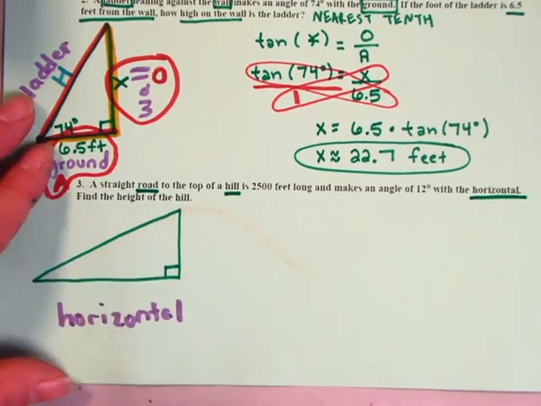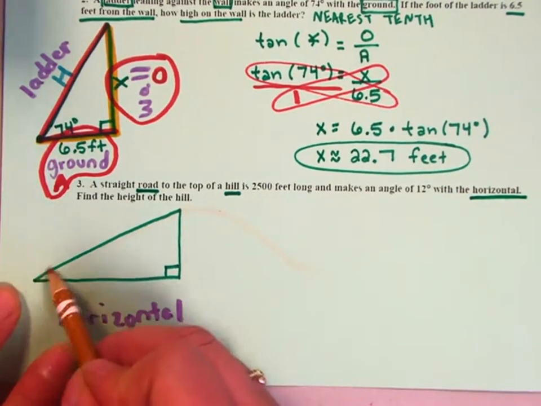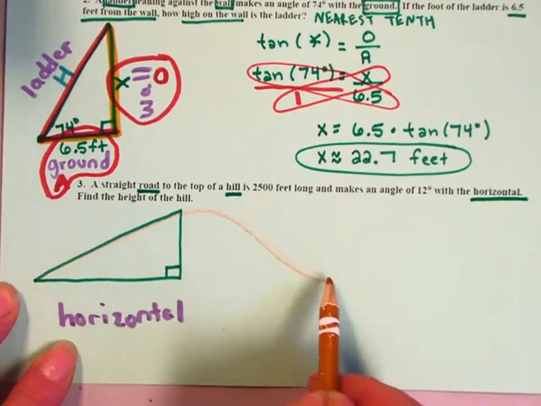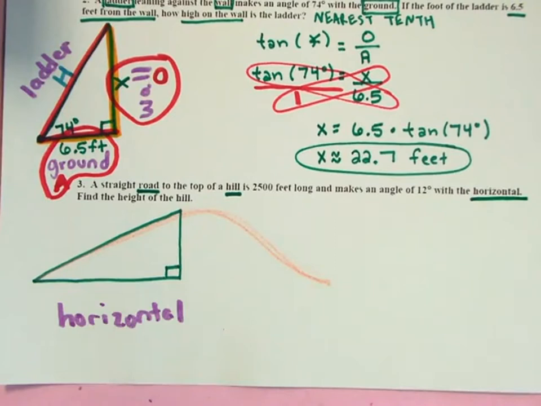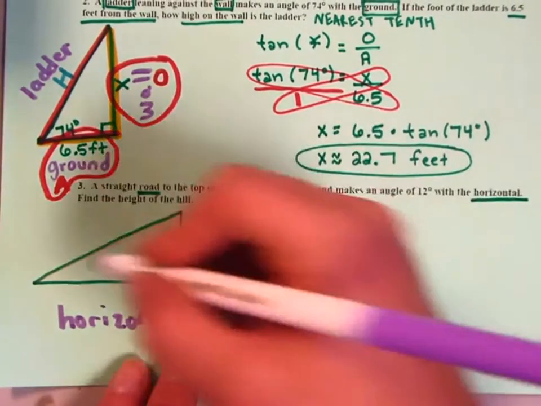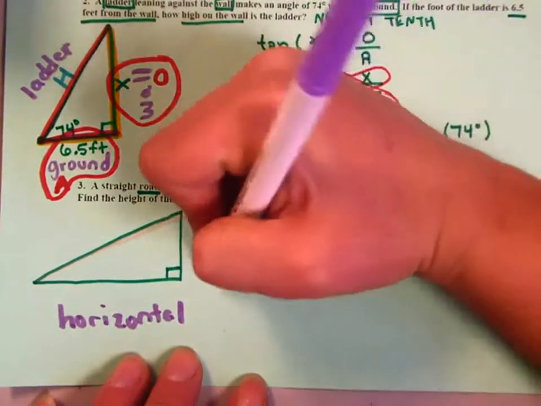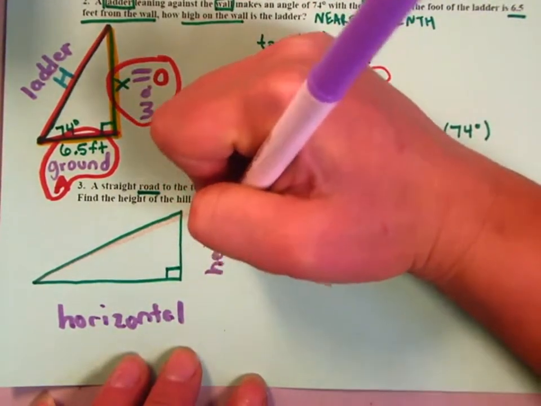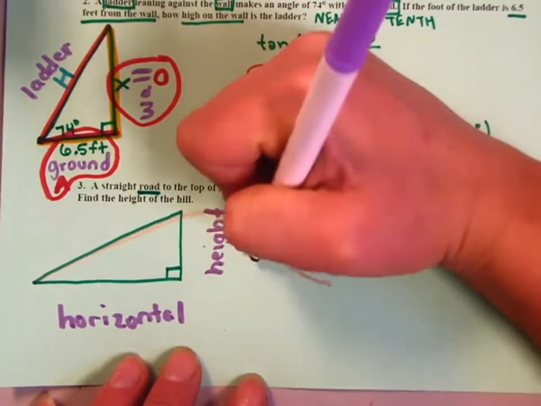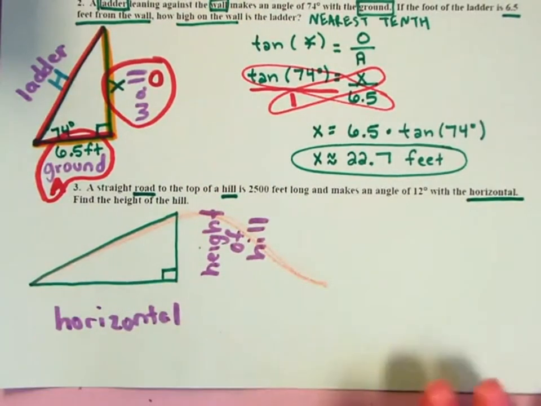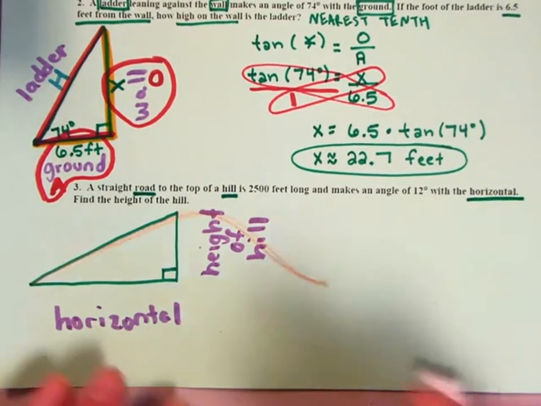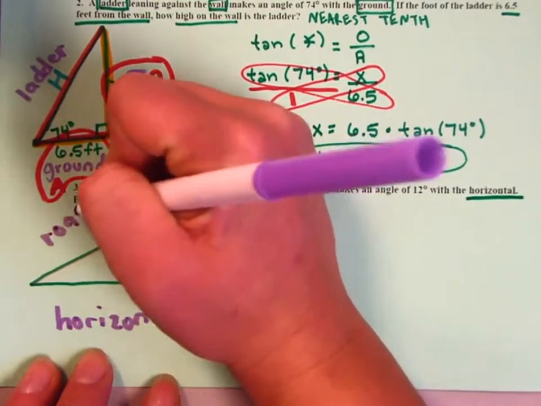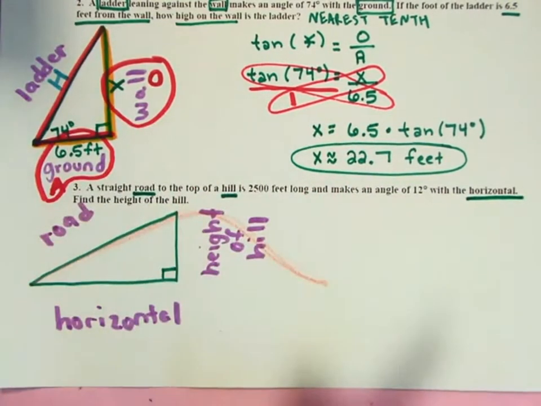So which side is the height of the hill? Well, if my hill's over here, this is going to be the height of my hill. That means the other side has to be my what? Road, which makes sense because the road is going up to the top of the hill.